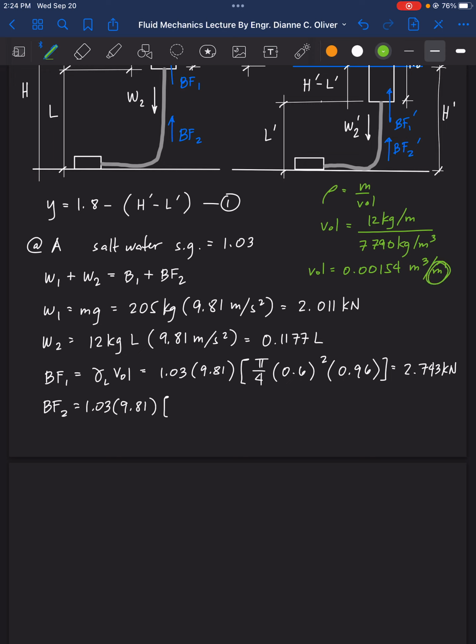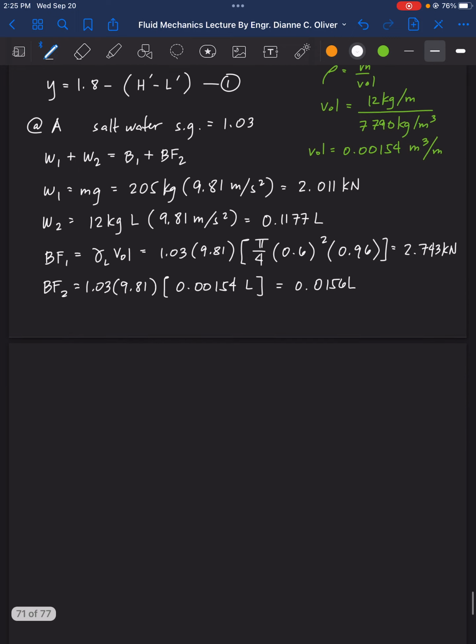So we need per meter length. The volume now for BF2 is 0.00154 per meter length multiplied by length. So in every meter of the chain, you have 0.00154. So that is equal to 0.0156 L, or the length.